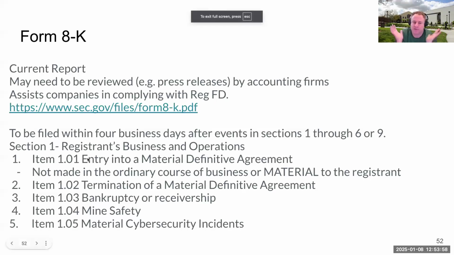The first one is entry into a material definitive agreement, which is not made in the ordinary course of business. It has to be material to the registrant. If I'm Microsoft and I'm making a small $2 million acquisition, that may not be material to me.